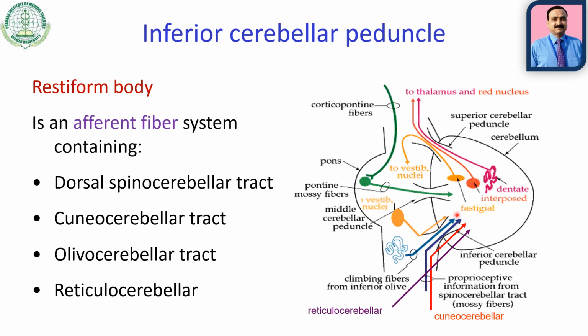The spinocerebellar tract is also called mossy fibers. Then oleo-cerebellar, you can see this is the inferior olivary nucleus. From there the climbing fibers go to the cerebellum. Then reticulocerebellar, these are the reticulocerebellar fibers.